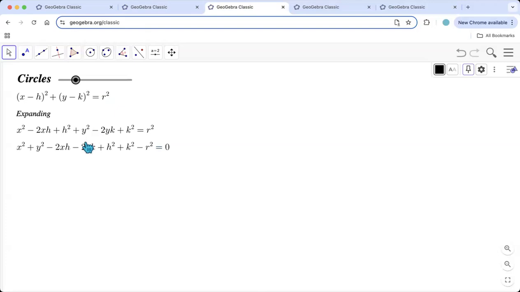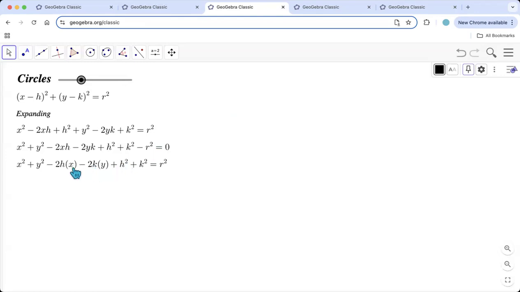What we're going to do is move this r squared to the other side, and put the x squared and the y squared together. Then everything else stays the same. With these two terms here, I'm going to take negative 2h out as a factor. And similarly here, I'm going to take negative 2k out as a factor.